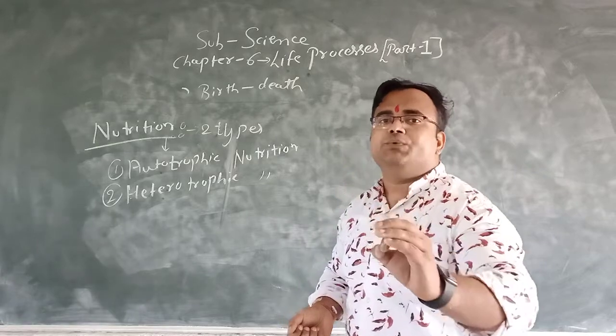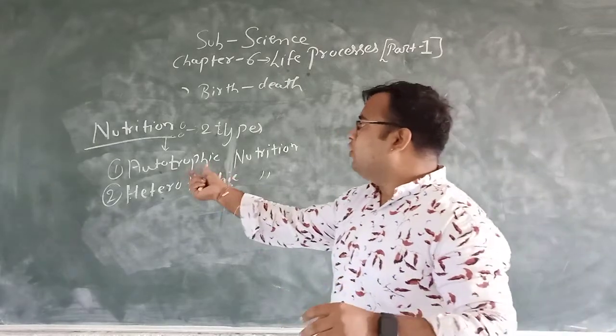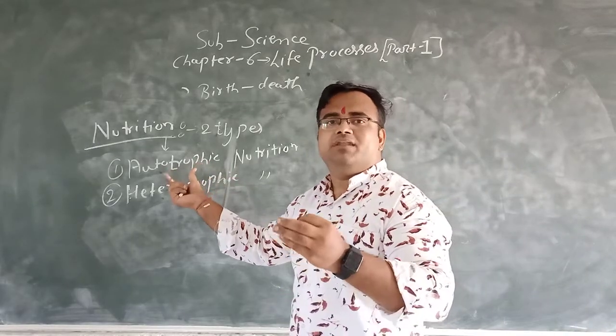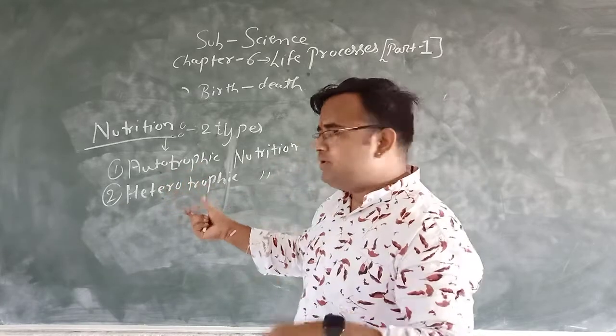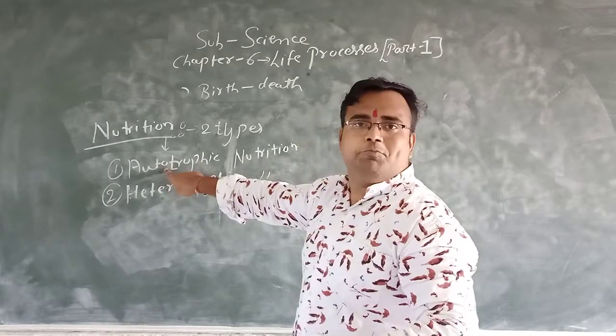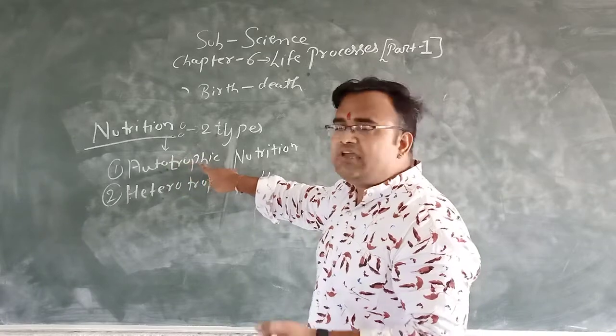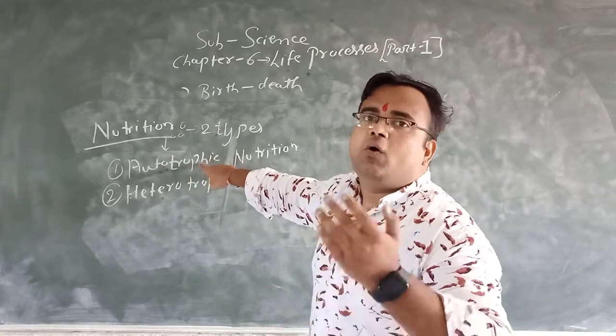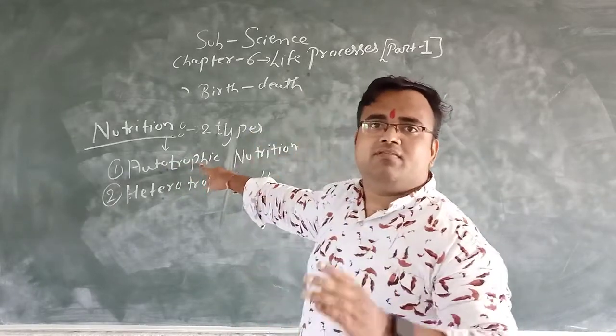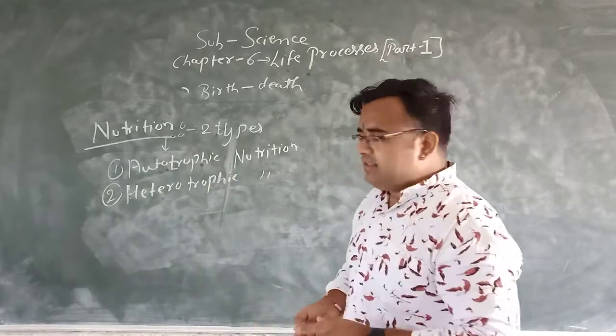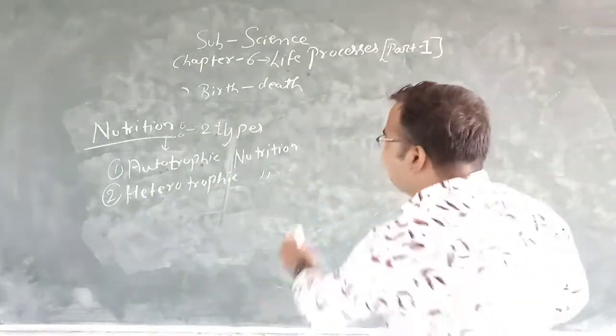First, I will tell you what is the meaning of autotrophic nutrition. What is the meaning of the word autotrophic nutrition? Auto means self and trophic means the level of nutrition. Okay. Now, let us understand in detail.